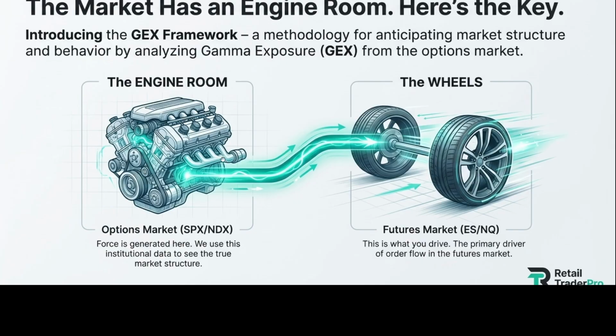All this force from the engine room is conducted to the wheels. Who are the wheels? The futures market, in this case ES and NQ. This is the primary driver of order flow in the futures market.